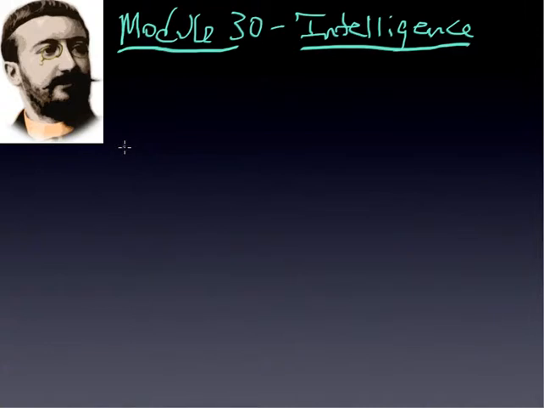And Binet's ideas began to develop into a more advanced way of looking at and assessing, basically, intelligence testing. And really, one of the distinctions that we need to make is the difference between aptitude and achievement.